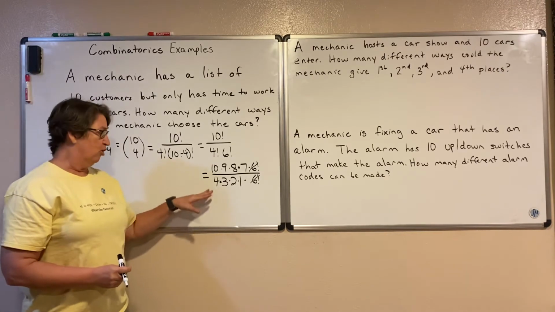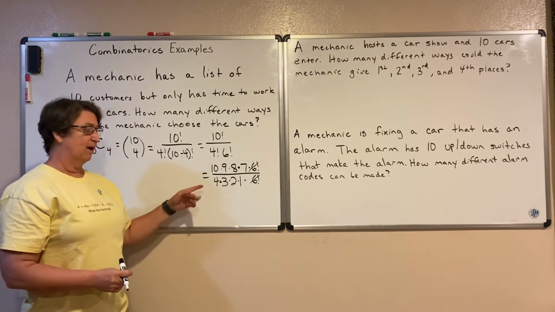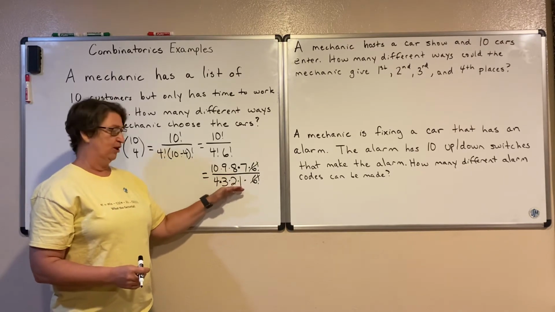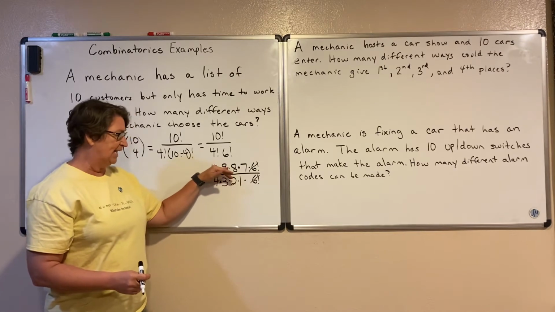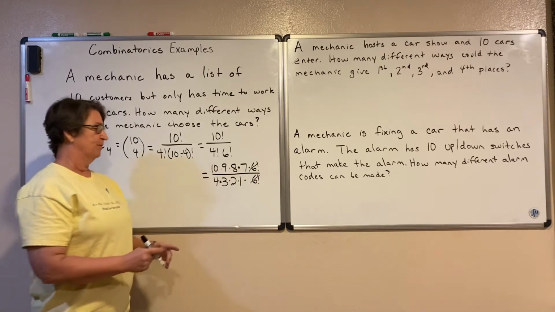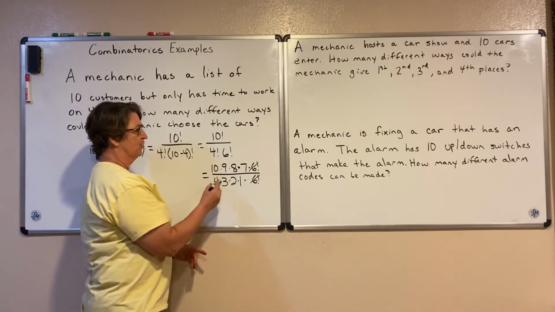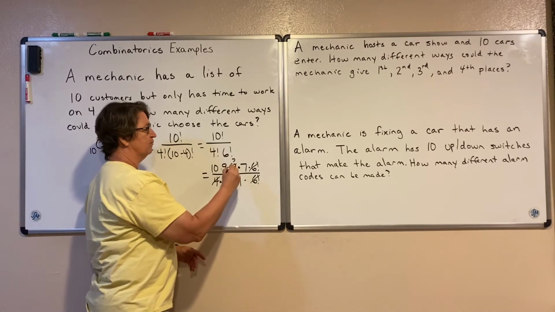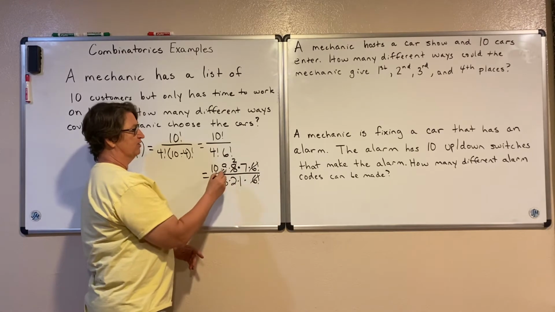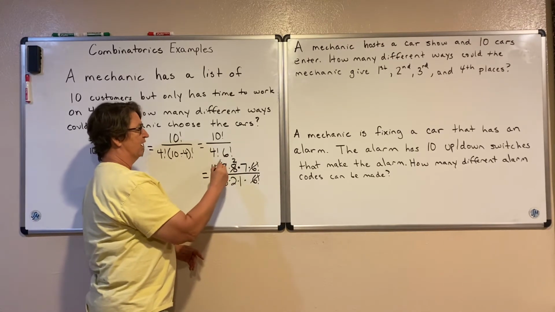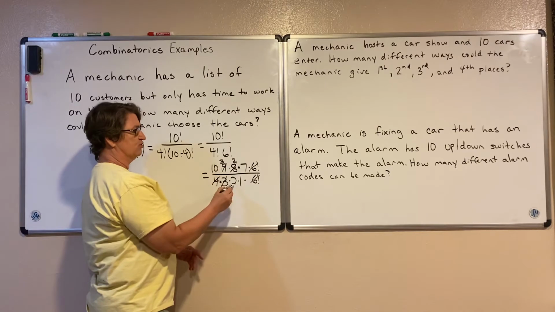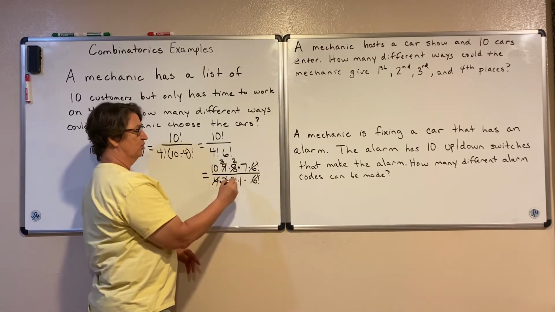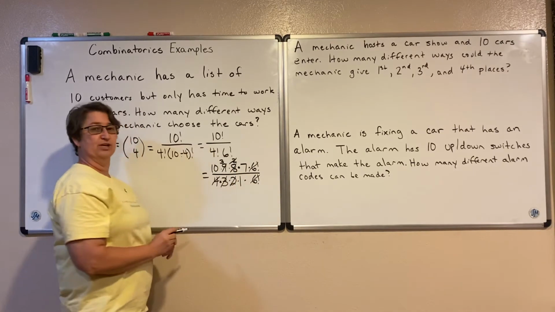It is true, though, that every single time we have a combination, we should be able to cancel out everything in the denominator. So this should divide into everything on top. Let's see if we can figure that out. So 4 goes into 8 2 times. 3 goes into 9 3 times. This 2 could go into the 10, or it could go into that 2, whichever one you like best. I'll do it into that 2.